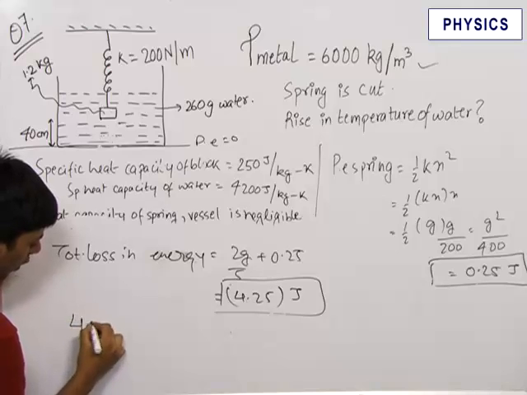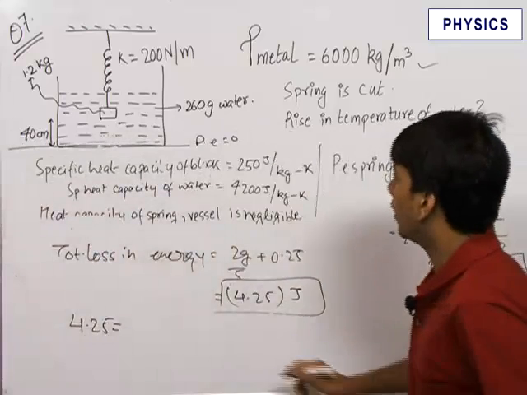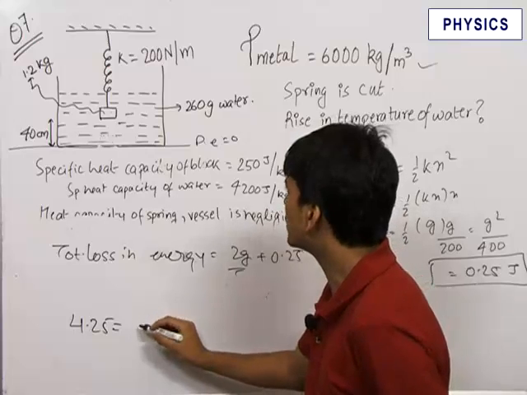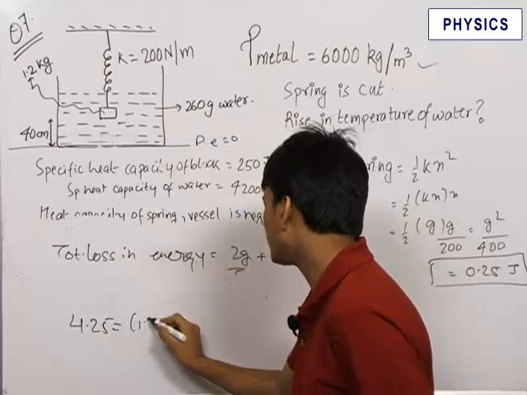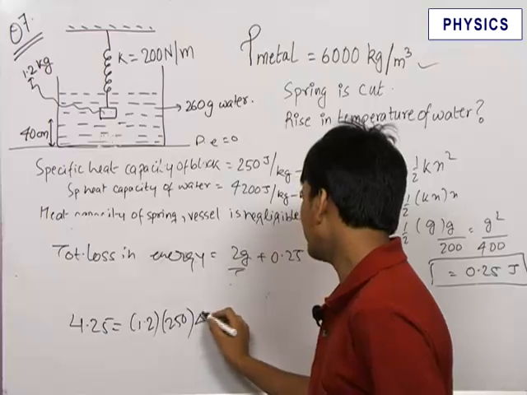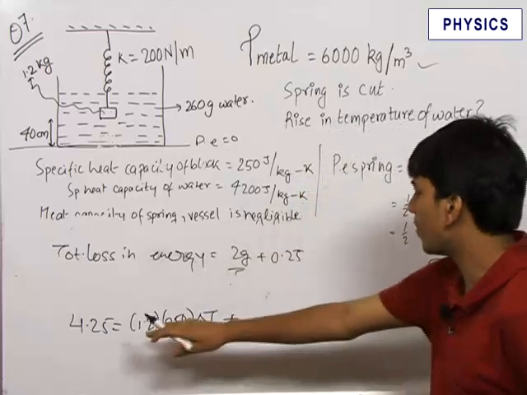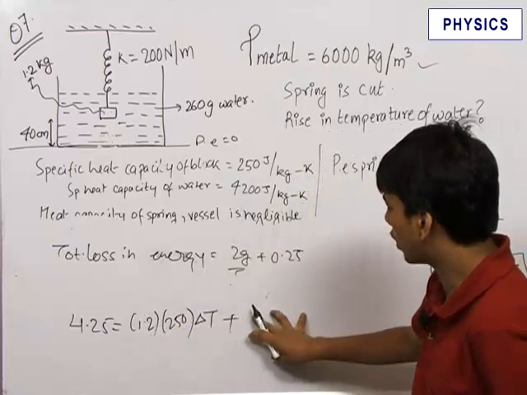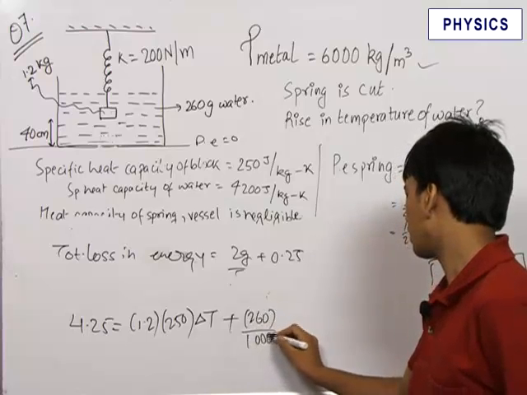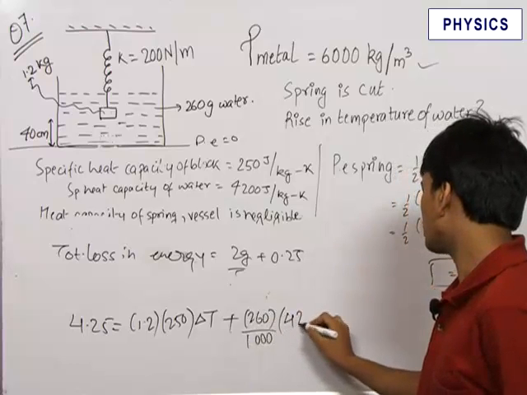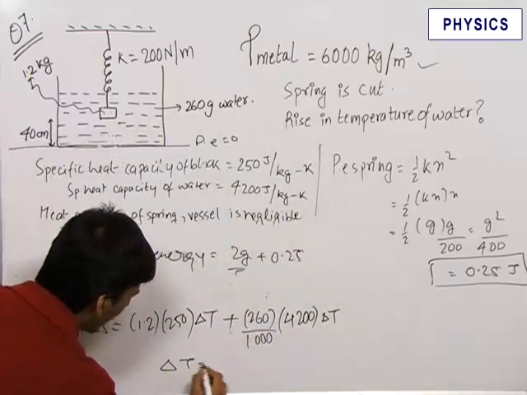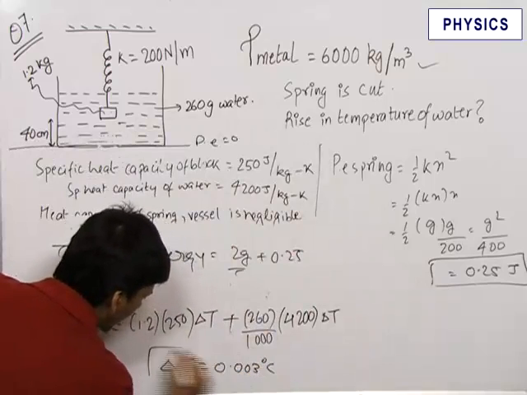Therefore, we can write this as 4.25 is equal to, let the rise in temperature of each of them be delta T. Therefore, 4.25 is equal to mass of block, that is 1.2, into specific heat of block, that is 250, into delta T, plus the same amount of heat is also utilized to raise the temperature of water by the same amount, that is mass 260 upon 1000, into specific heat of water, that is 4200, into delta T. On solving this equation, we get delta T equal to 0.003 degrees Celsius.